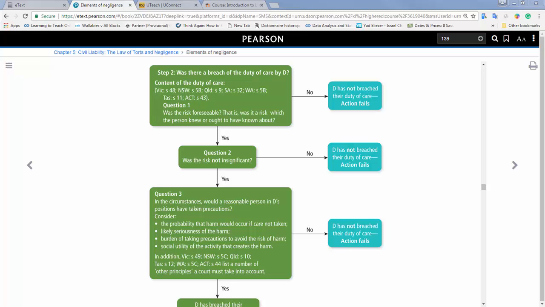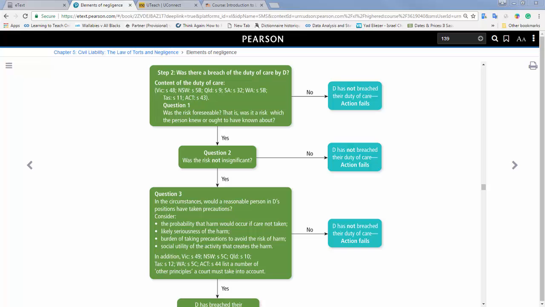Note that when we talk about reasonable foreseeability in this element, we are, if you like, exiting the highway abstraction that we had in the first step. Because in the first step you saw that a lot of the things go with precedent. So there are a lot of established categories and so on. So it's a highway in a sense that you don't have to spend too much time looking at it. You can quickly establish whether there's a duty or there's no duty because it's an immunity category.